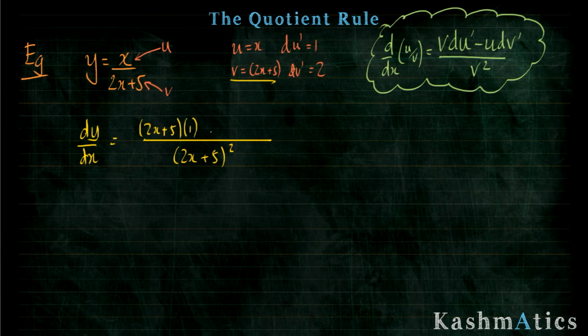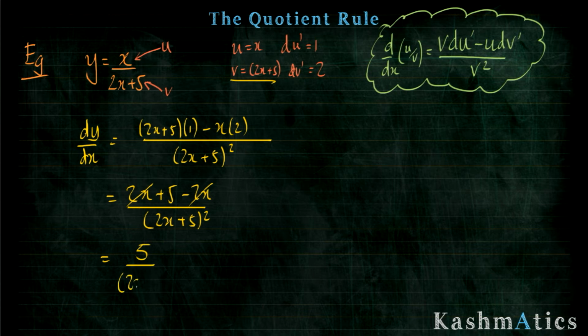Even though it's 1, I'm still going to include it. Take away u, which is x, times dv, which is 2. All I need to do then is tidy it up. The top becomes 2x plus 5, take away 2x, and the bottom is 2x plus 5 all squared, and the 2x's cancel each other out, leaving me with just 5 over 2x plus 5 squared.